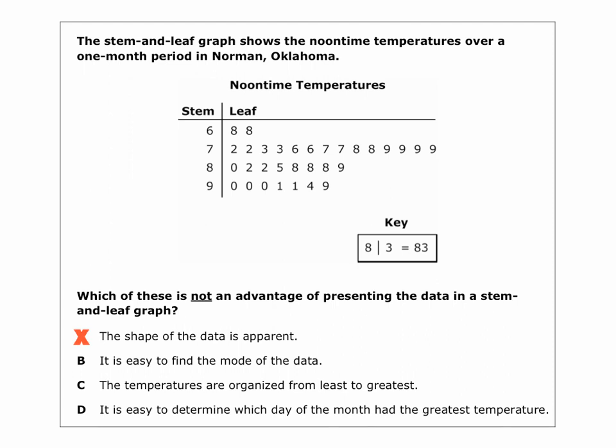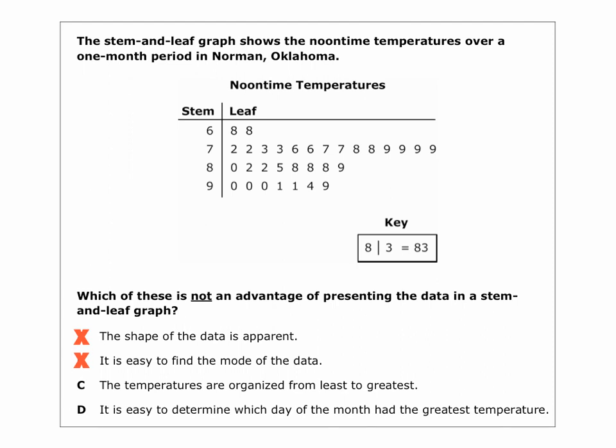In a stem and leaf plot, they're already ordered for you, so all of the same numbers would be right next to each other. By looking at this for about 2 seconds, I could tell you that on 4 days there was a temperature of 79, so there are more 79-degree temperatures than any other temperature. So B can't be my answer, because that would definitely be an advantage.